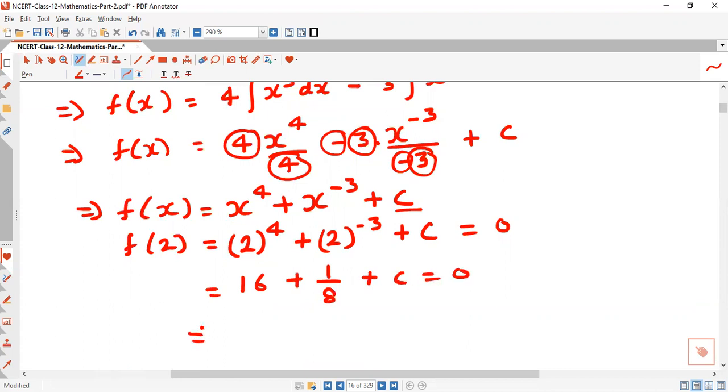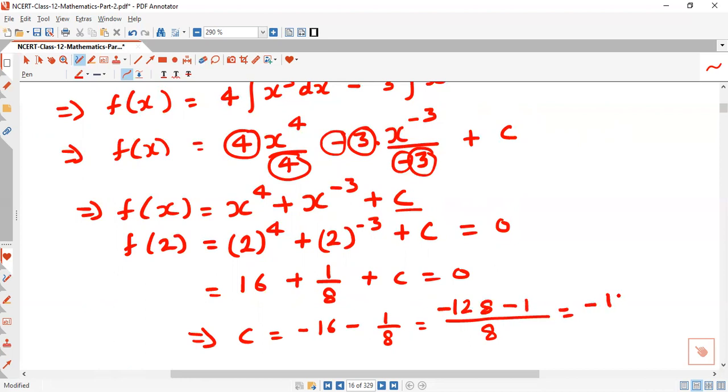So c equals minus 16 minus 1 by 8. Taking 8 as LCM, 16 times 8 is 128, so 128 minus 128, and this minus 1, and the value of c comes out minus 129 upon 8.